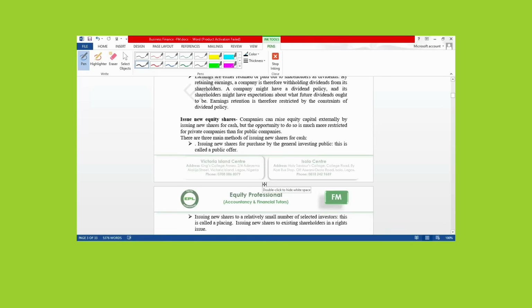Issuing new shares for purchase by the general investing public.